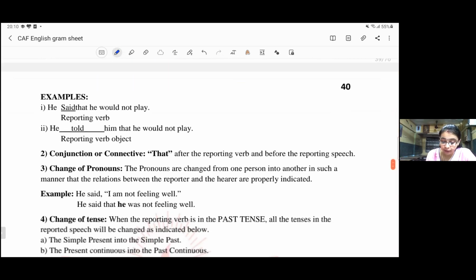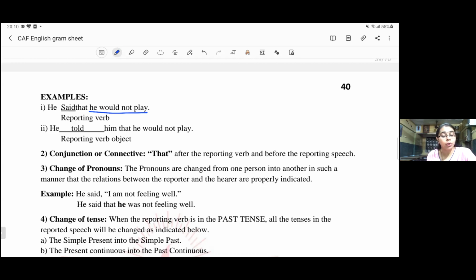Now see the example. He said that he would not play. Said is the reporting verb. Now, he told him that he would not play. Reporting verb, object. He told him that he would not play. Him is very important.